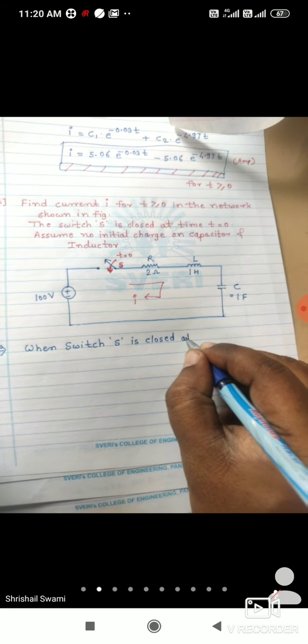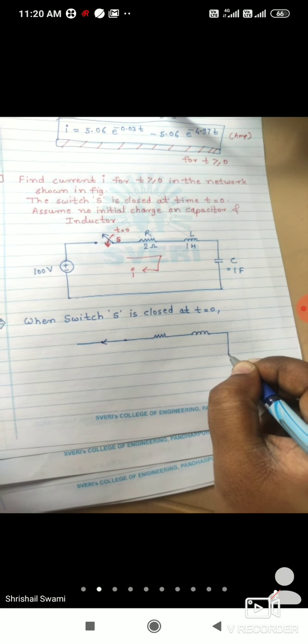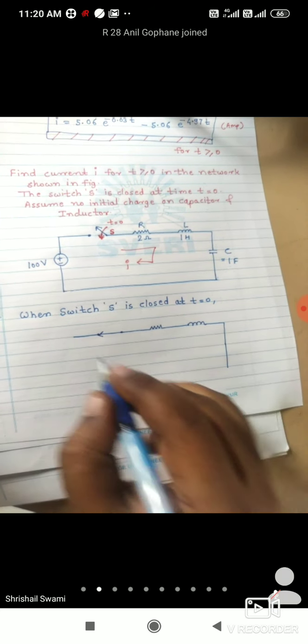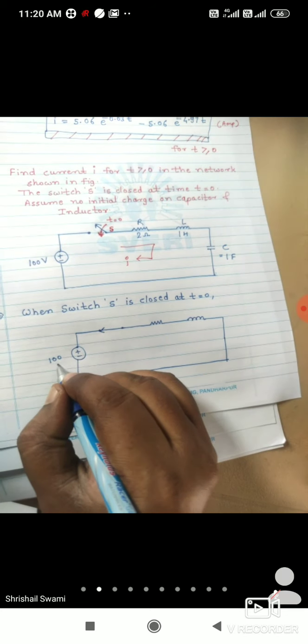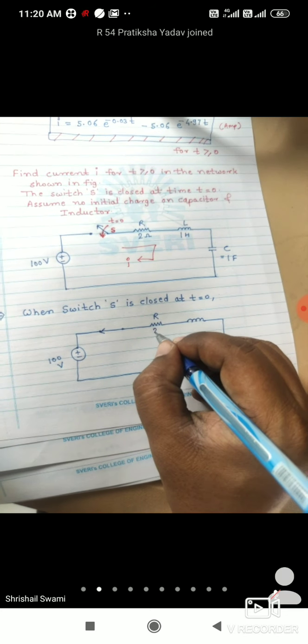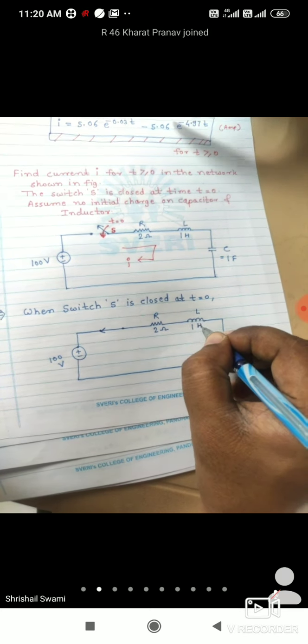So switch is just closing at time t equal to 0. So this is a 100 volt. Resistor is 2 ohm. Inductor is 1 Henry, and capacitor C is equal to 1 farad.